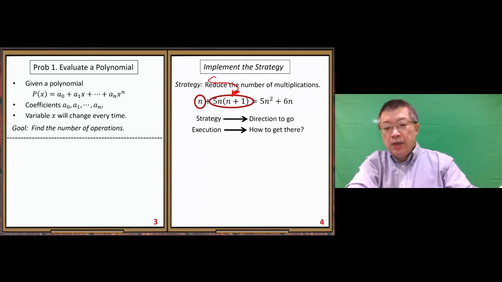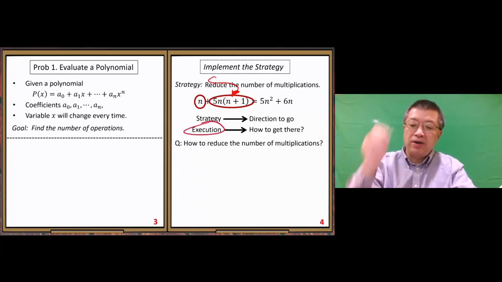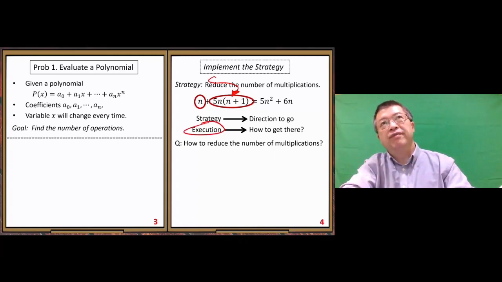All right. So next question. How to reduce the number of multiplications. That's our execution part. So we focus on this part. Now we need another strategy.